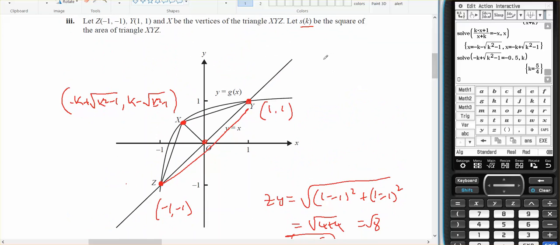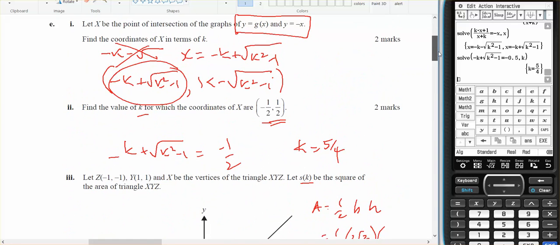So the area of the triangle is going to be a half base times the height. If I consider this to be the base, it's going to be a half times 2 root 2. And the height is going to be this distance here.